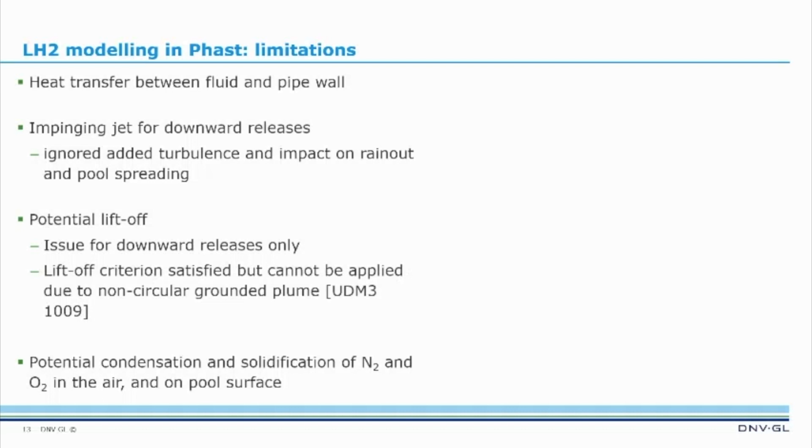And again, I've already mentioned the potential condensation and solidification of nitrogen and oxygen, possibly interactions with the pool. There could be a lot of complexity around that. But the initial indication is that for that type of release, these things aren't obviously affecting the behavior of the fire, particularly importantly.